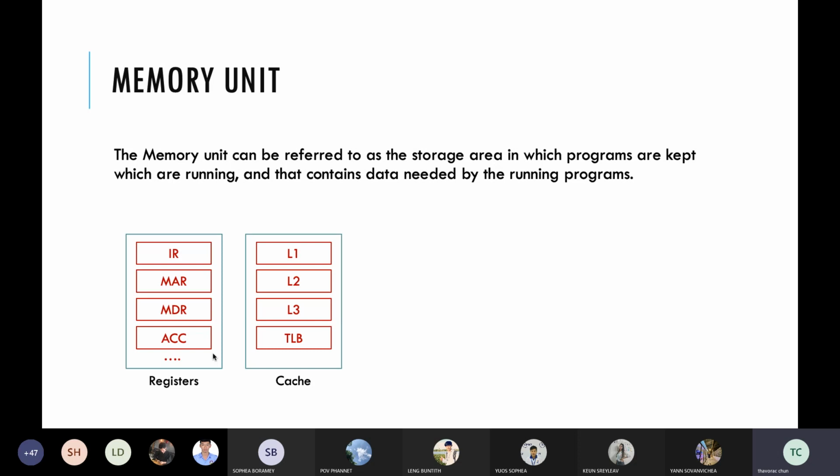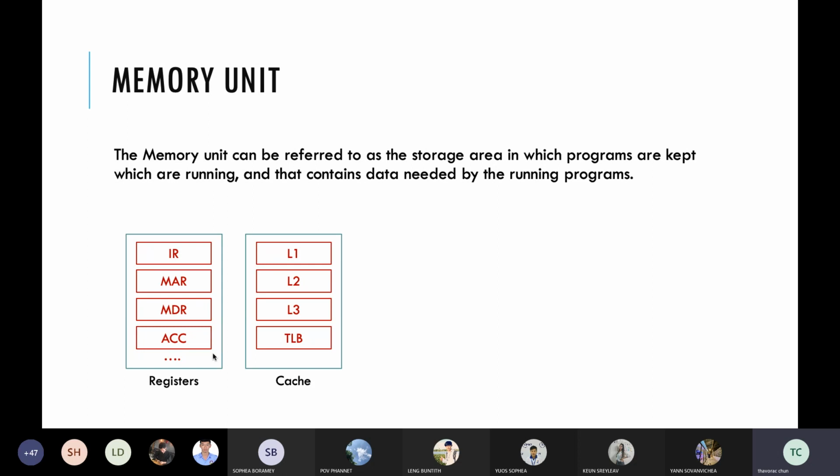Cache has a lot of types. Actually, there are many more than this, but here we talk about these a lot. In cache, you can have L1, L2, and L3. When you are browsing a computer store to buy a new computer, you will see the specification saying the L1 cache is 2 megabytes, 3 megabytes, like that.